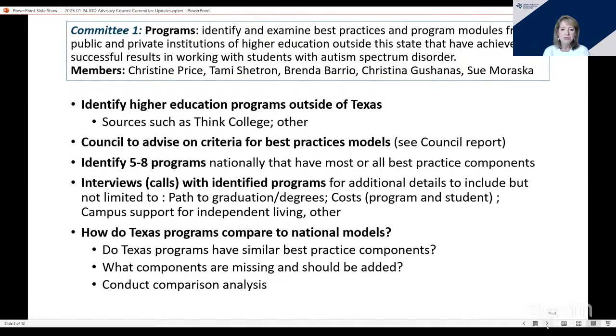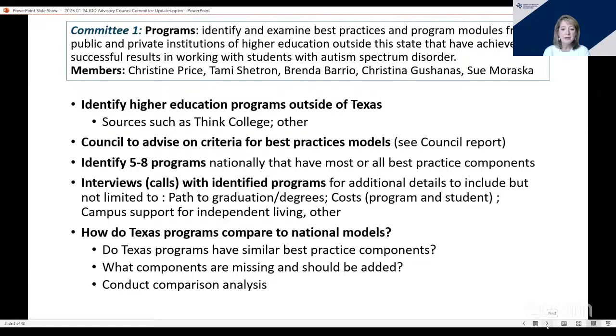Then in order to make recommendations, I think that for these identified programs, it might be worth interviewing some of the staff or making calls to get additional details that are not included on resources such as Think College. Sometimes there's more information, sometimes resources like Think College may not be as up to date as we might want. So making some phone calls, asking questions about degree programs, the cost of the program to the college and to the student, independent living supports, and those types of factors.